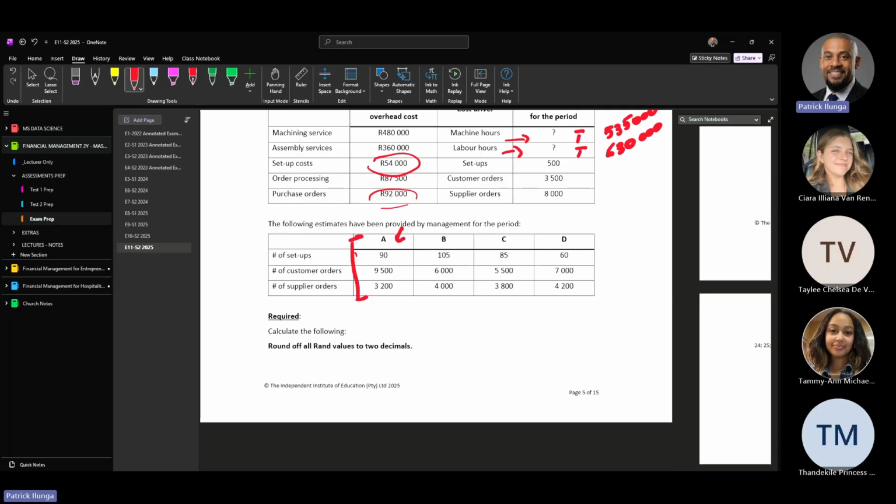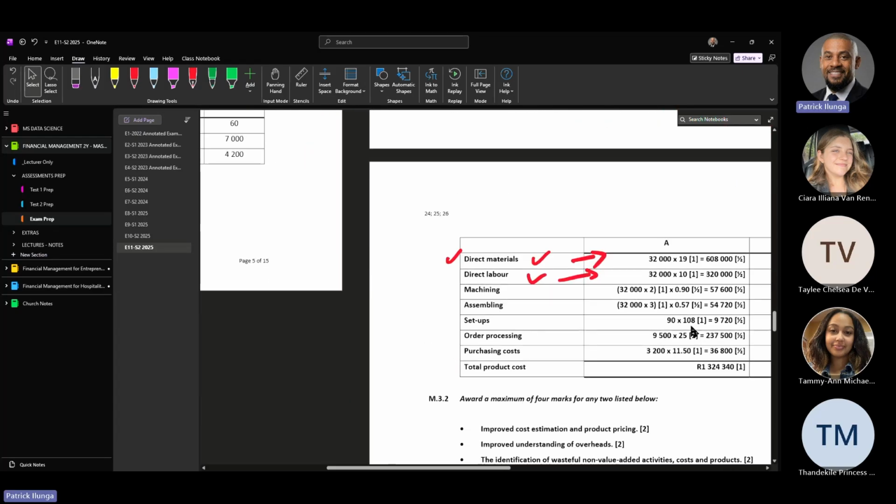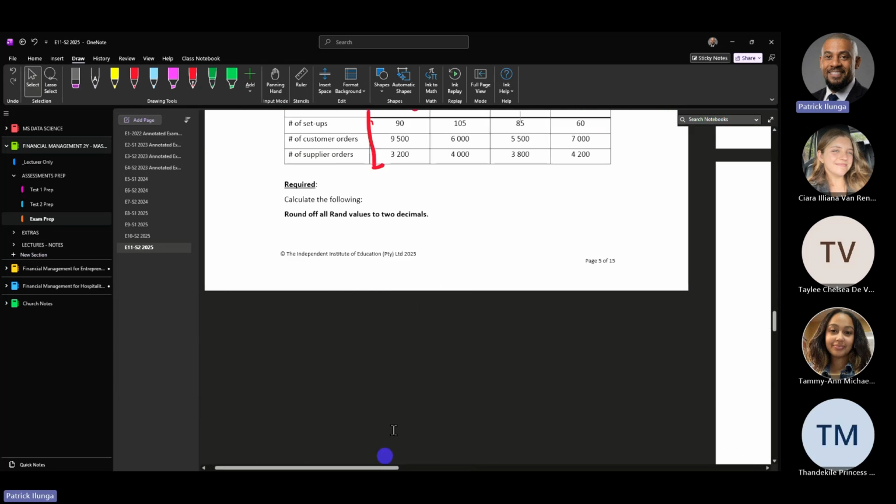Obviously, we are dealing with product A and product C, right? So you are provided this here. So you will take the number of, let's check it again here. Look at the setups. You multiply the cost driver, multiply by the number of setups.